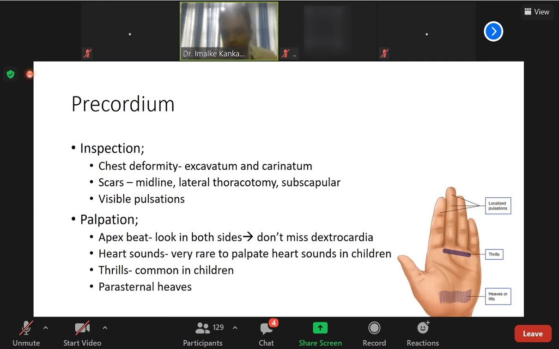So usually thrills. For thrill palpation, you use this area of the hand. For heaves, you use this area, right? That's what standard textbooks say. But heaves can be examined like this even. You can put your fingers like this in intercostal spaces, right?